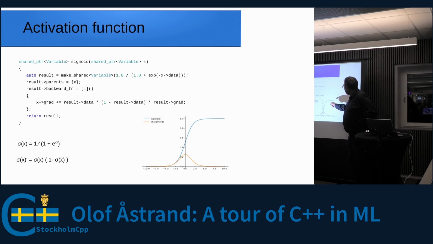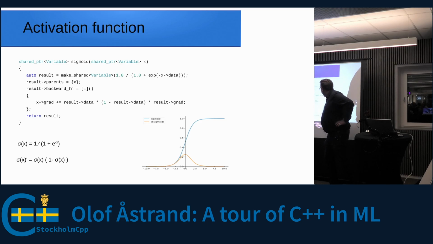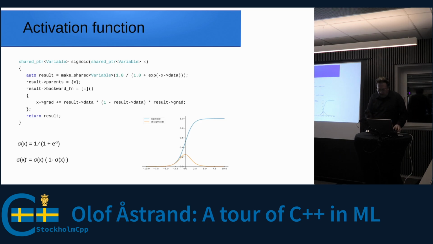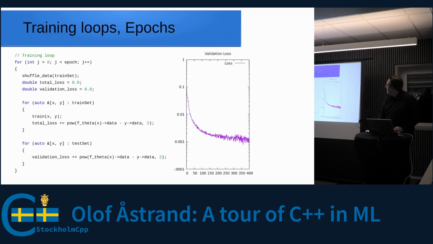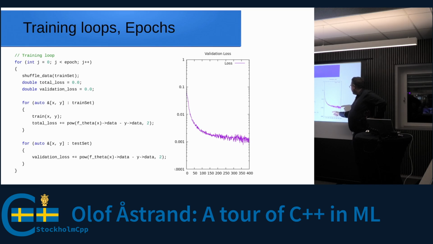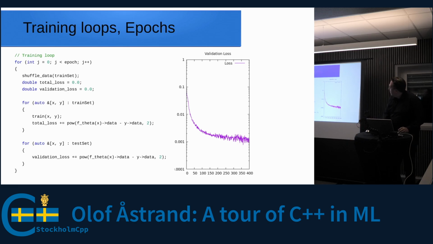In this case, we're using the sigmoid, and it's particularly useful in this type of context because its derivative is very nice. You can see it here. If you run the training, you will see the loss function going down, and here it's not converging, it's moving around a bit, so it stops training a bit earlier.